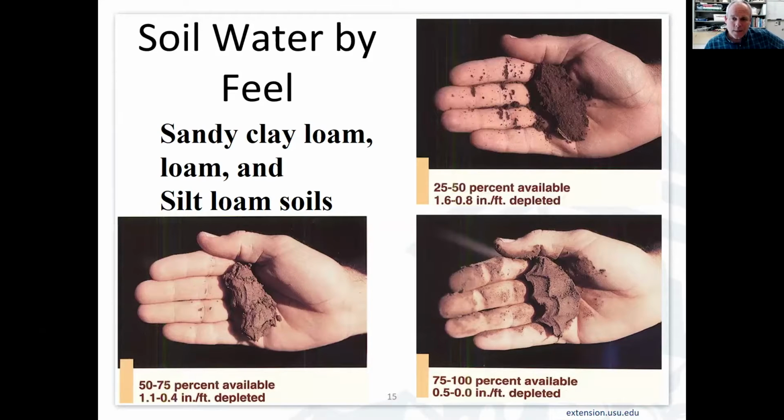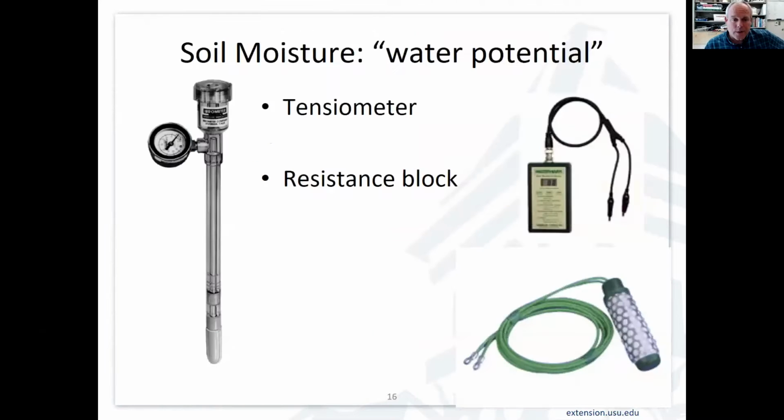I only showed this one example for sandy clay loam, but if you went to different soil textures, these pictures would look a little bit different. So that's one way that you can, just by feel, determine how much water is in your soil. And it's often used very, very successfully.